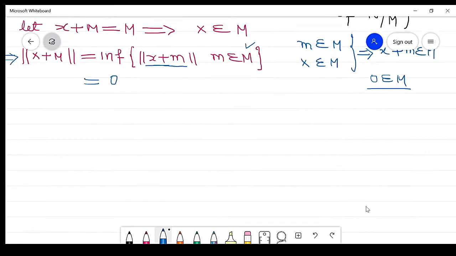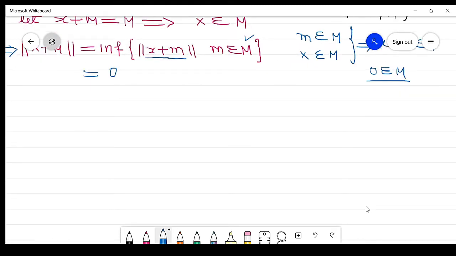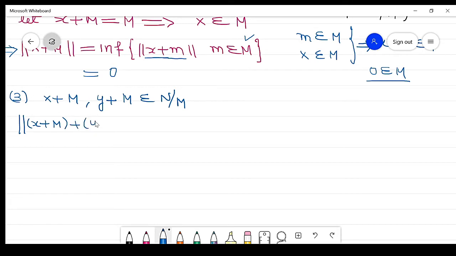Now after that there is the triangle inequality. So we know what the triangle inequality is. This is equation number 3. I take two vectors x plus M and y plus M, which belong to N by M, right? So what is the sum? This is x plus M plus y plus M, right?